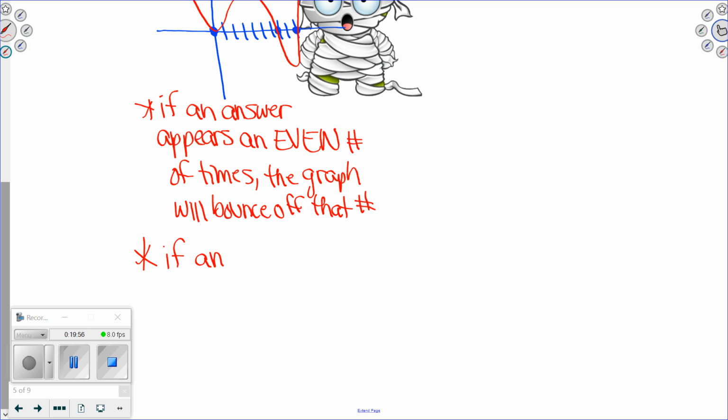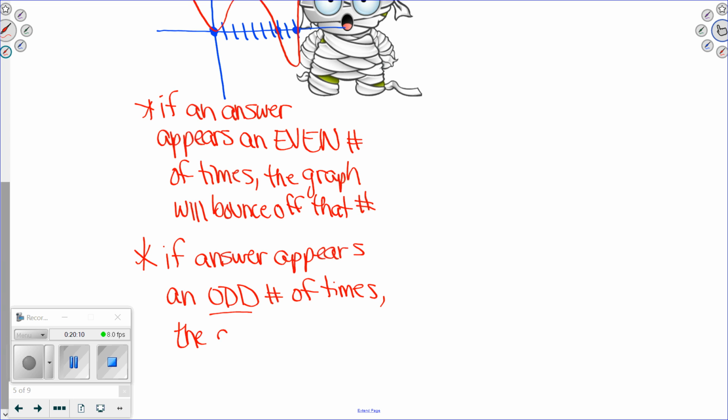If an answer appears an odd number of times, the graph will cross the x-axis at that point.